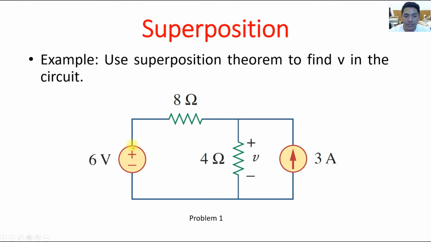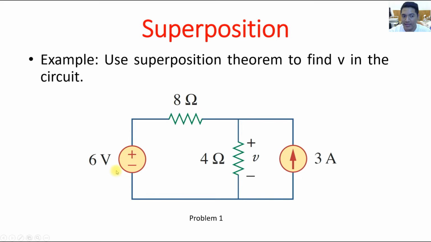So first, we need to turn off one. We can turn off first the current source by replacing it with an open circuit and analyze the voltage due to these 6 volts.